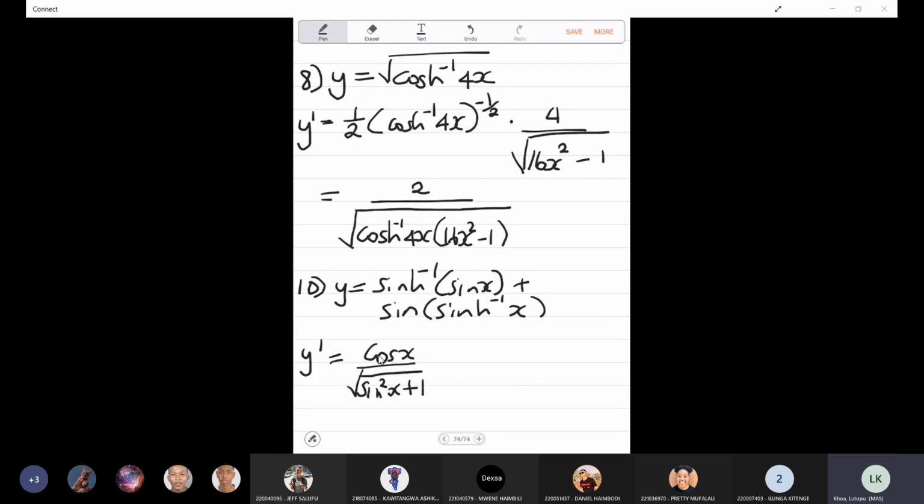And then the second one, the derivative of sine is cos. So we have cos of hyperbolic sine inverse of x. And then we multiply by the derivative of hyperbolic sine inverse, which is just 1 over the square root of x squared plus 1.